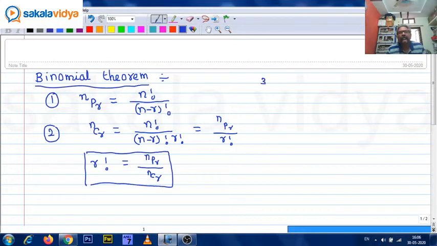And third point, you have nC0. nC0 is equal to 1, remember.